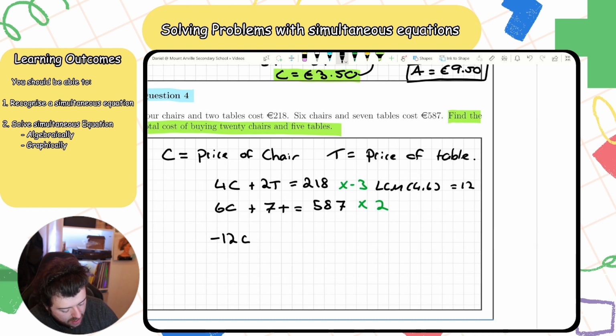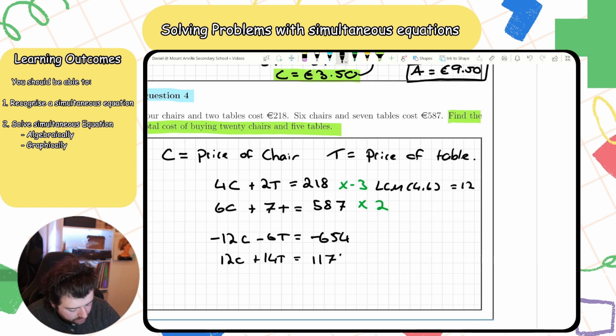Minus 12c minus 6t equals 218 times -3, which is minus 654. And then 12c plus 14t equals 1174.